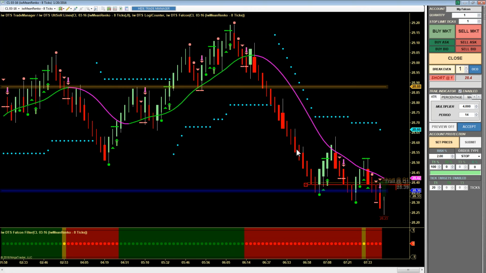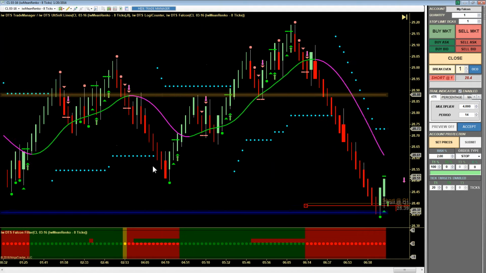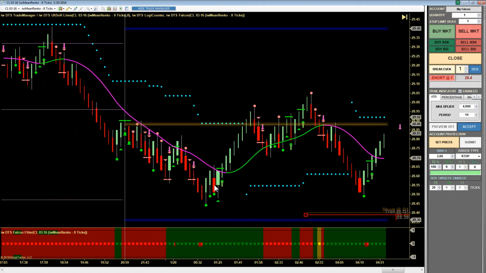So long as the bars are thin, that actually shows you that a market is likely to trend, believe it or not. But when the bars start to get fat, that's showing you a lot more interest, and you're always going to see fat bars where the market turns. So wherever the market starts to turn around, you're going to see fat bars. So that's a little bit of a clue for you.